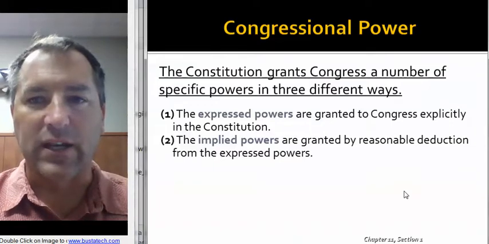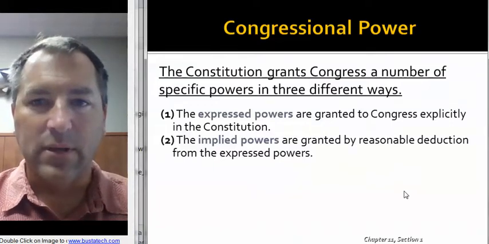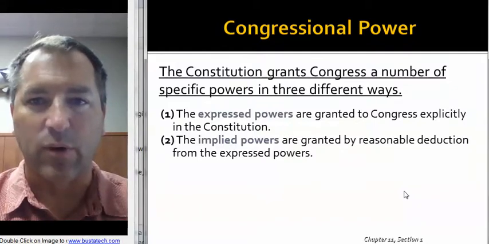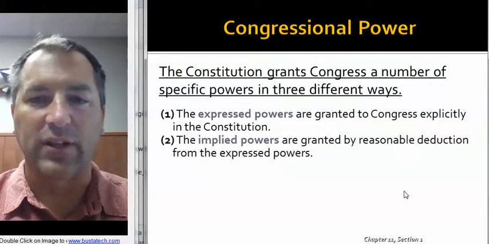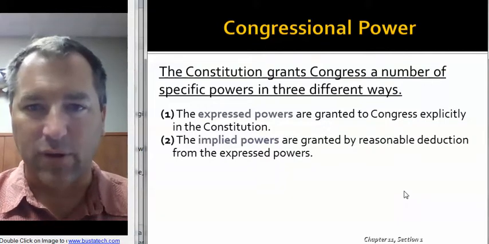For example, recently the health care reform, Obamacare, was challenged in the courts and went to the Supreme Court, and the Supreme Court decided that yes, Congress had the power. It was implied under the general welfare that they could set up a national health care plan.